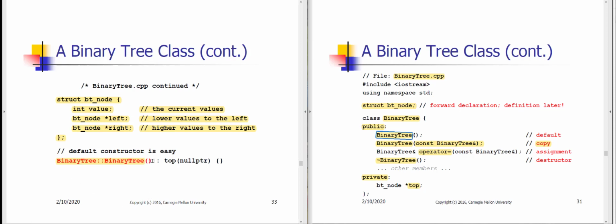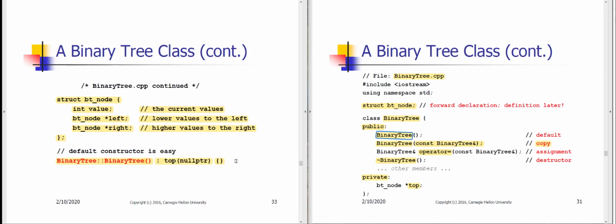Okay? It takes no arguments, so this is the default constructor. And the definition consists of the member initializer list, in which we're saying top is initially null pointer. The body of code has nothing remaining to do, so the body of code is required, but it's empty.